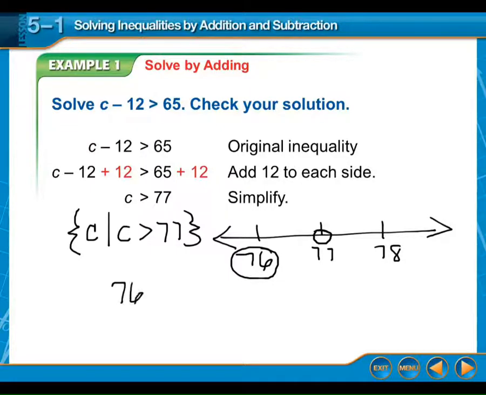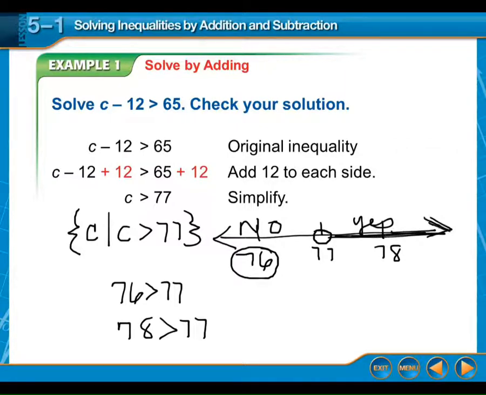But we can check this by saying, okay, is 76 greater than 77? Well, no, it's not. So the side that's false, we don't want to shade. Let's check 78. Is 78 greater than 77? Yes, it is. And that means that we want to shade everything on this side of the equation.